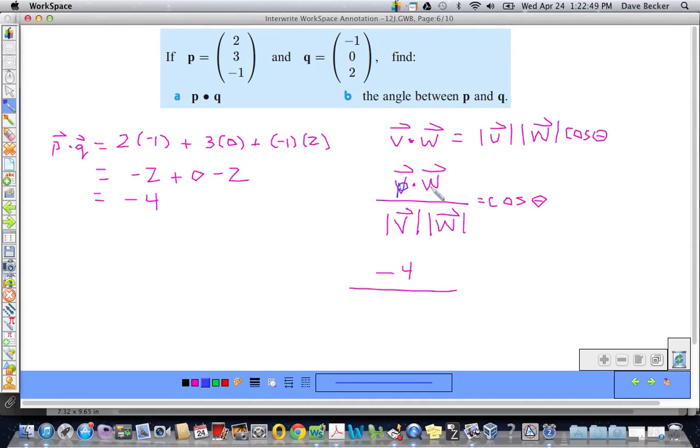The magnitude of P is the square root of 4 plus 9 plus 1, which is 14, so root 14, times root 5, the magnitude of Q. I'm solving for theta, so theta is the inverse cos of this. If your calculator is in degrees, you crank this in and theta will be approximately equal to 119 degrees.